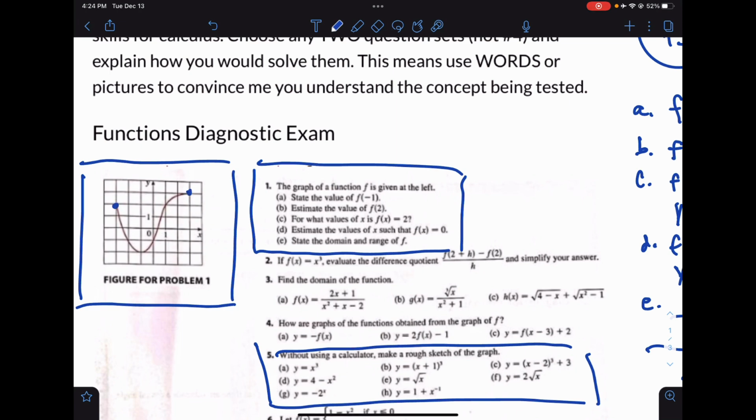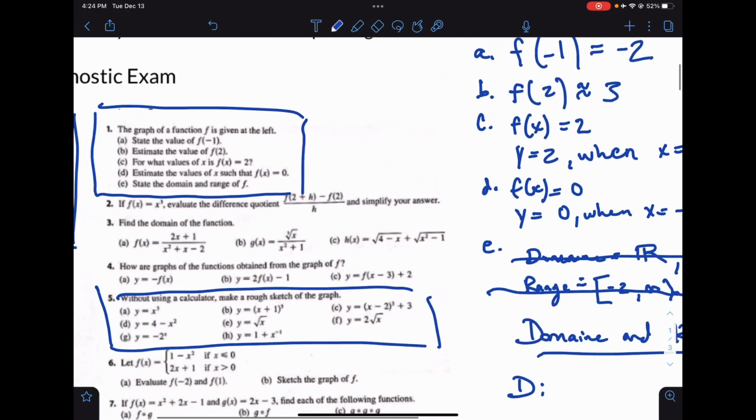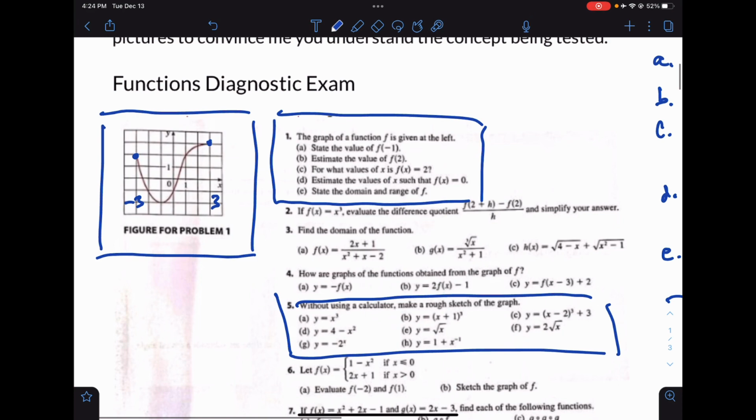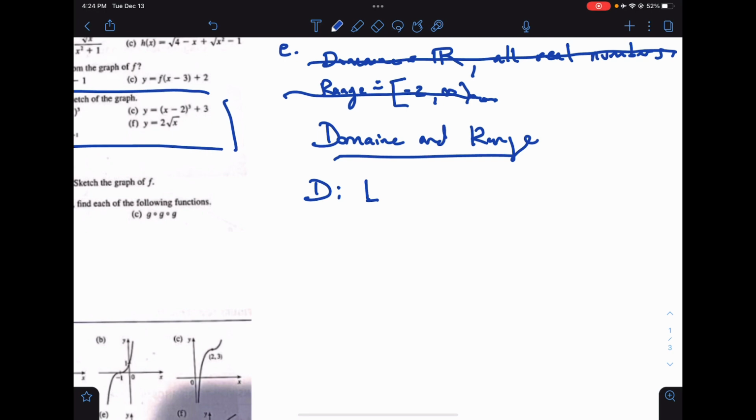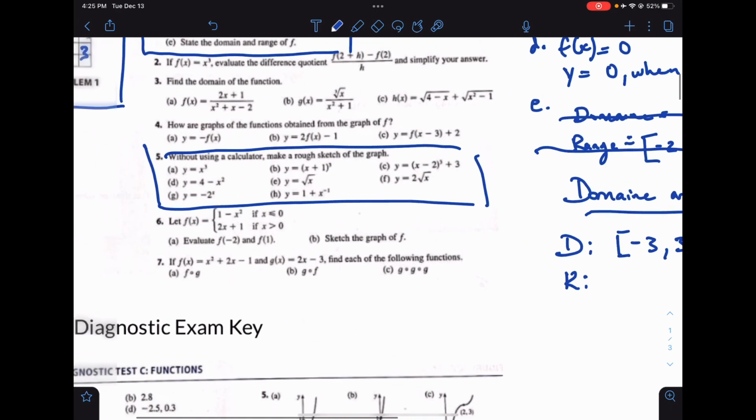So the domain is from -3 to +3. And since -3 and +3 are both points that are included, we are going to use brackets as opposed to parentheses.